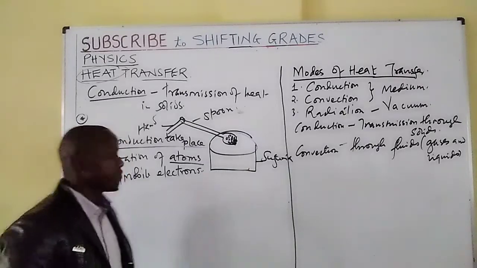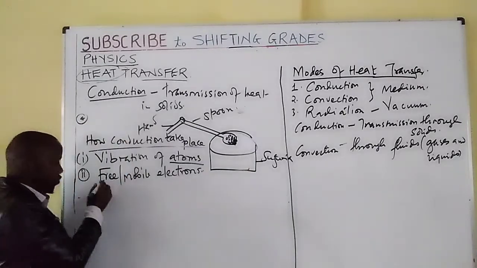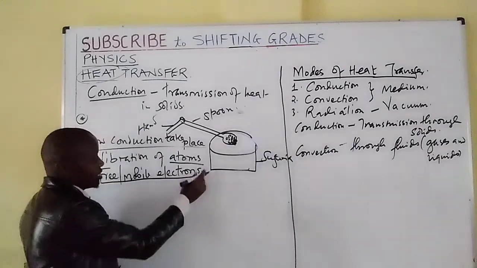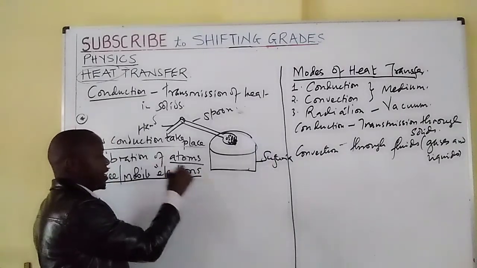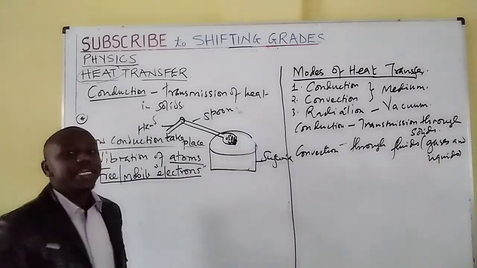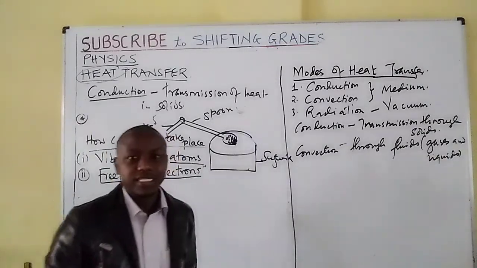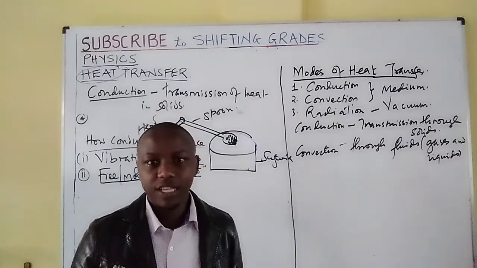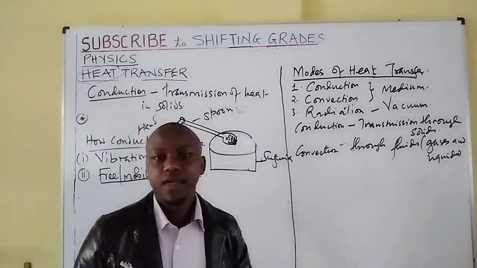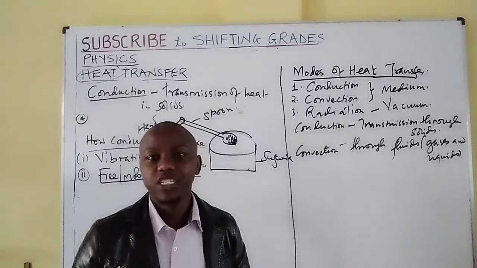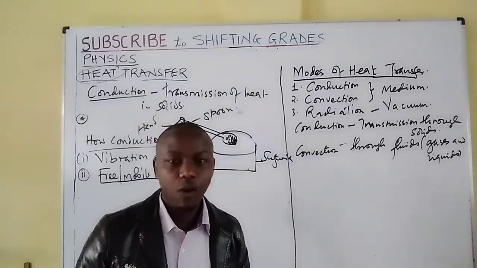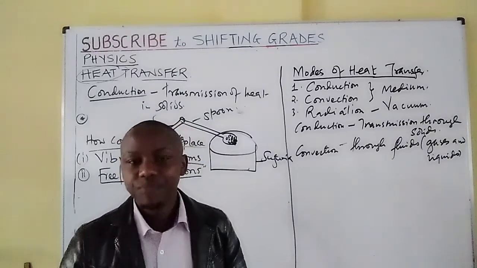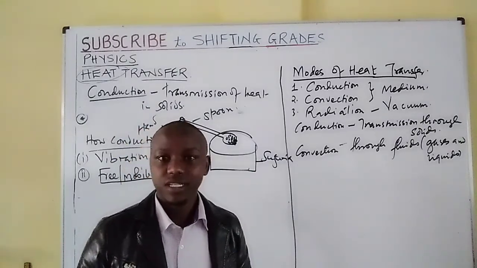Now, metals have what we call free or mobile electrons. It is these particles called electrons which, when heated, can move. That's why we call them mobile electrons. They can move from one part to another. It is their movement which causes the transfer, because when they are heated, they move together with the heat.